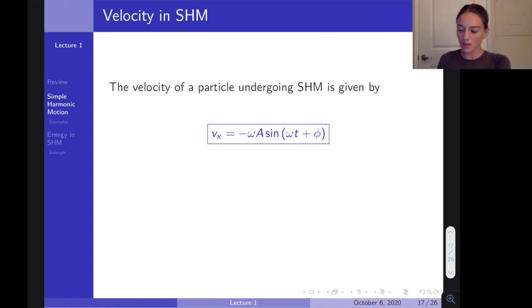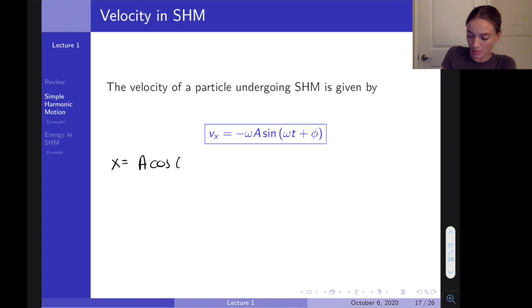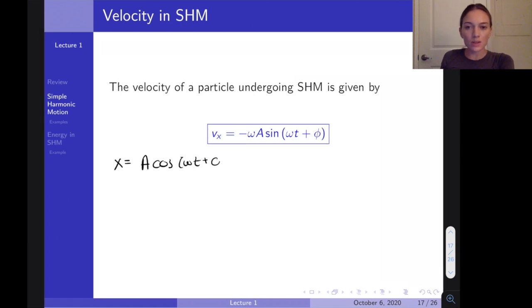All right, so now let's look at the velocity and acceleration of a particle undergoing simple harmonic motion a little more carefully. So here we have the velocity. Now we can get that because we know the x component of the position is cosine omega t plus phi. And we know that the velocity is just the derivative of position.